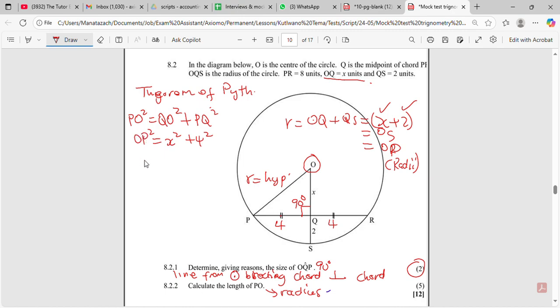So x plus 2 squared is equal to x squared plus 4 squared, which is 16. Now this is the square of a binomial, which will be x squared, x times x is x squared, plus 4x plus 4, is equal to x squared plus 16.